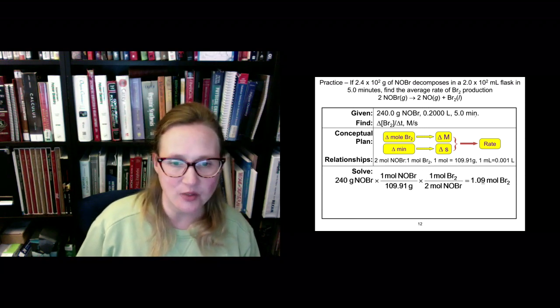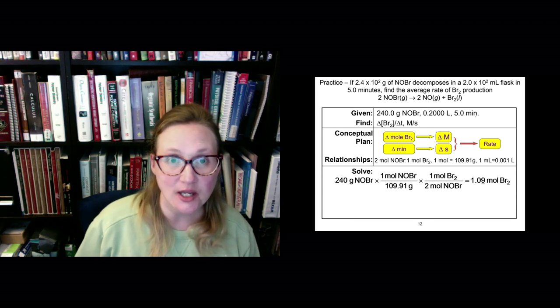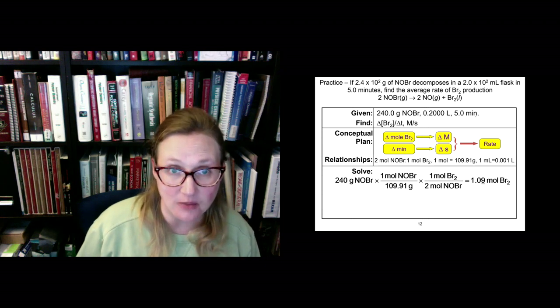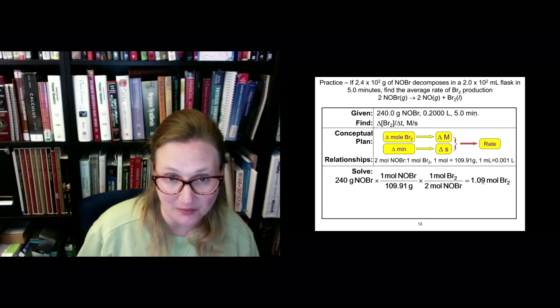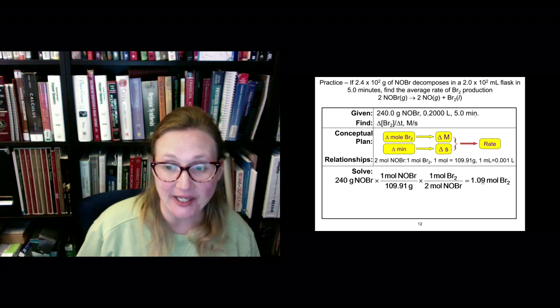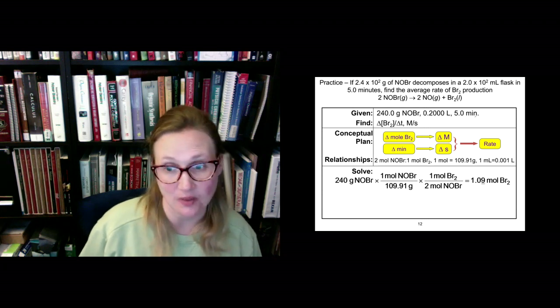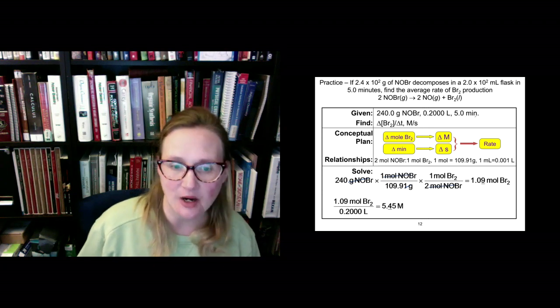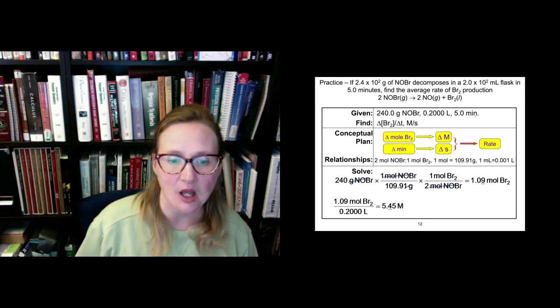So let's take our NOBr and turn that into moles of bromine. We're going to divide by our molar mass, divide by that stoichiometric coefficient, and we get 1.09 moles of bromine. Now we can find the molarity of bromine. We're going to take our moles divided by our liters, and we get our molarity of bromine.